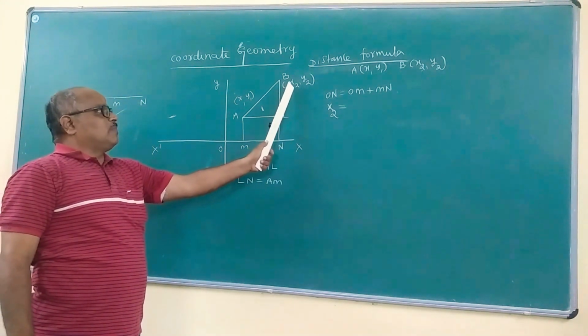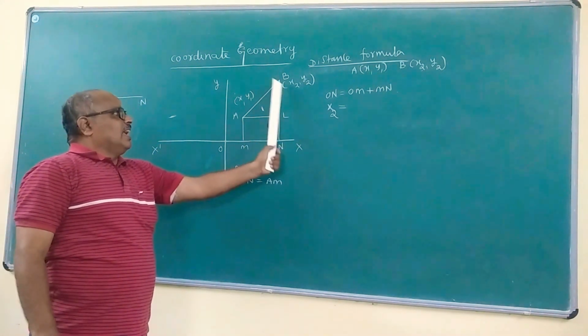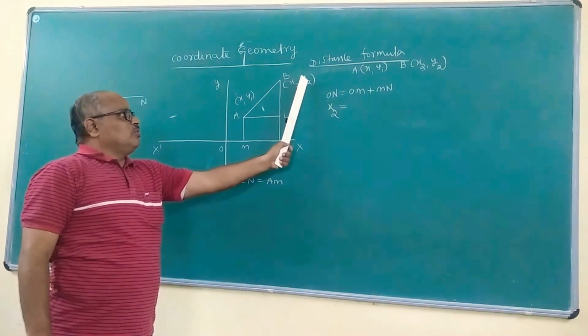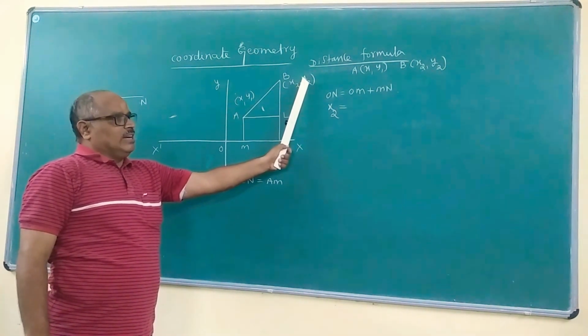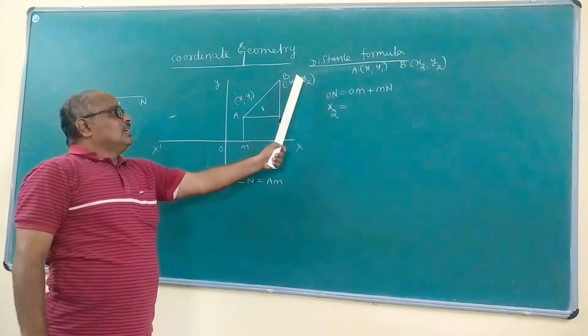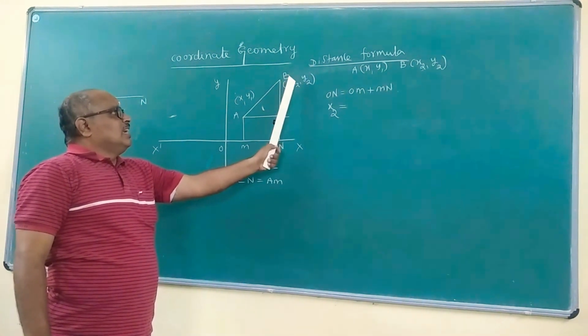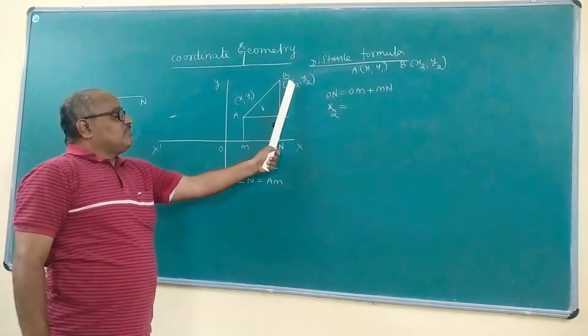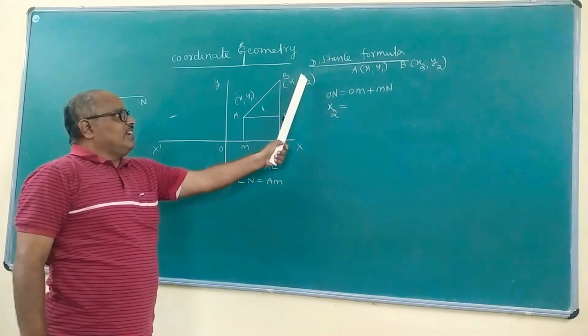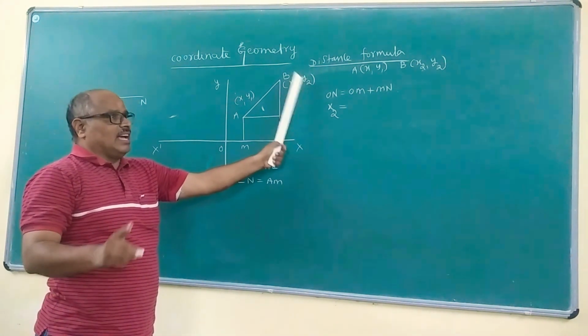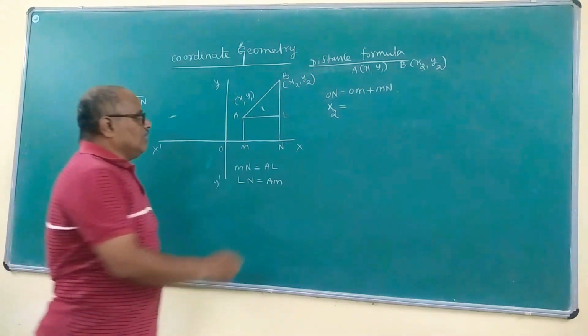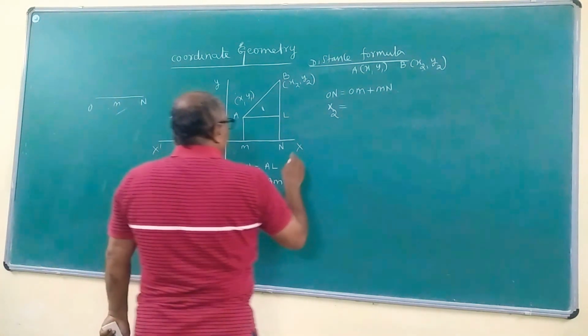Here x2 represents the x coordinate and y2 represents the y coordinate. According to distance, x2 is the distance from the y-axis and y2 is the distance from the x-axis. I will tell you later. What is OM?